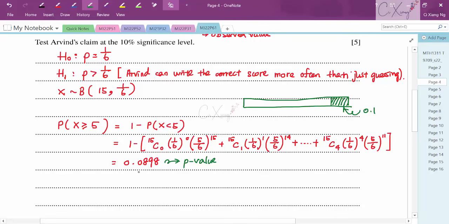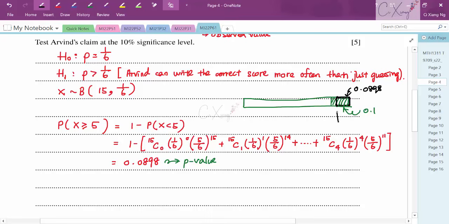Now I want to compare my p-value with the significance level. You can see that the p-value is 0.0898, where this area should be smaller than 0.1. So the area that I get might be this black color one. This black color one will be 0.0898, which is the area smaller than 0.1. If I want to sketch it or visualize it, it should be under this part.